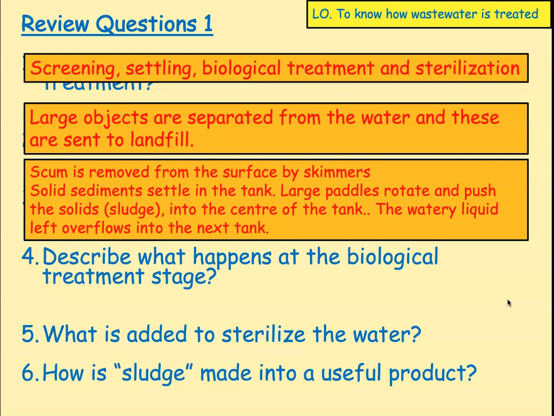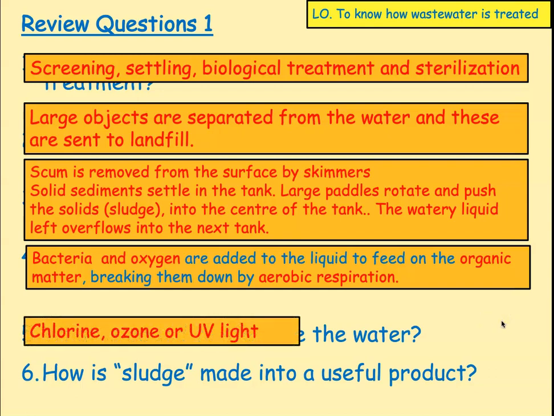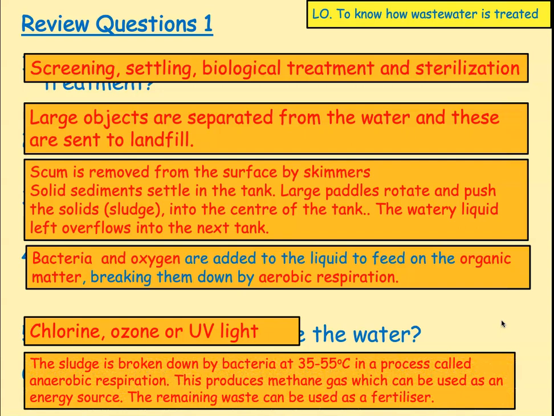The watery liquid left overflows into the next tank. At the biological treatment stage, bacteria and oxygen are added to the liquid to feed on the organic matter, breaking them down by aerobic respiration. The water is sterilised with either chlorine, ozone or UV light, and the sludge is made into a useful product by bacteria which go through a process of anaerobic respiration at 35 to 55 degrees C.